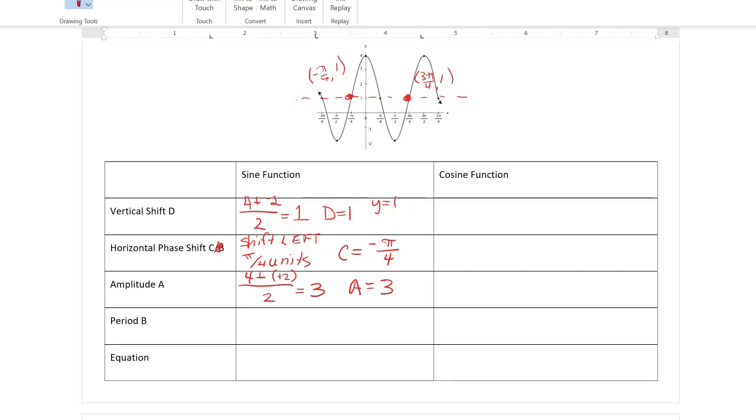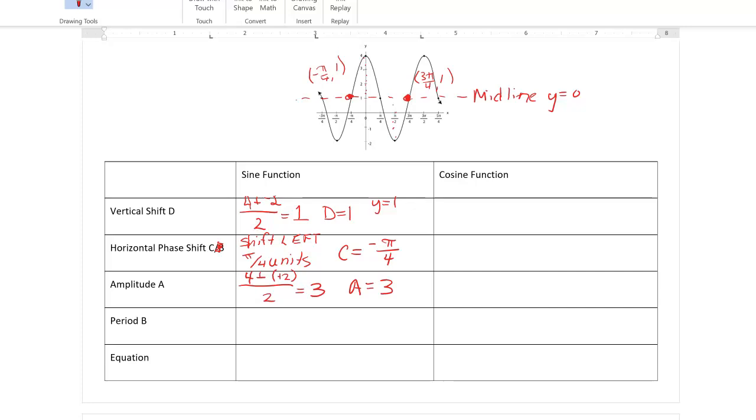So you can kind of see from this midline here, remember that's our midline of y equals 0. And you can see that it reaches a maximum, goes 3 up from that point and 3 down from that midline.